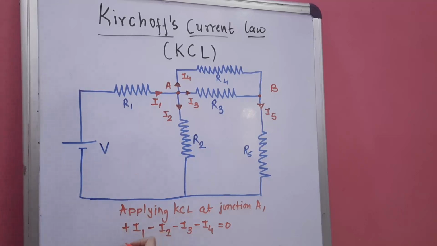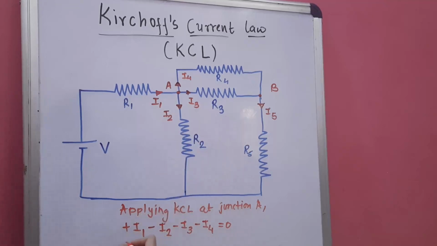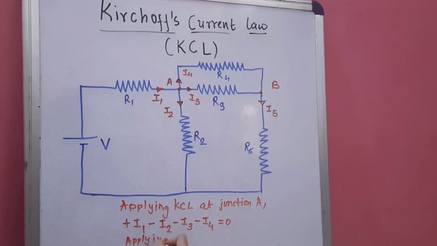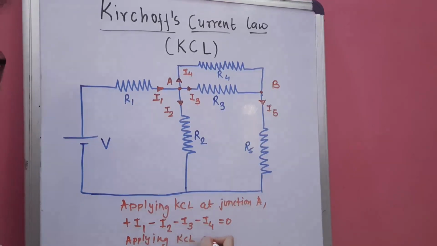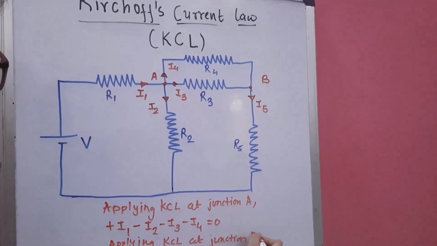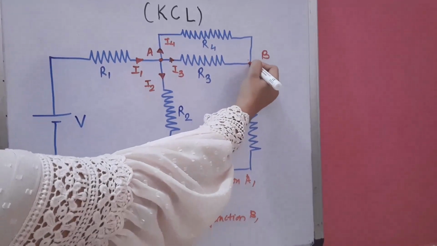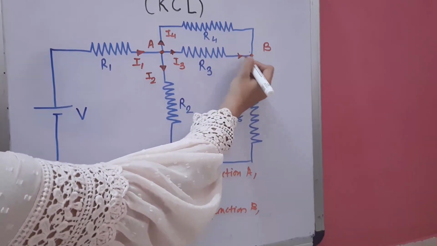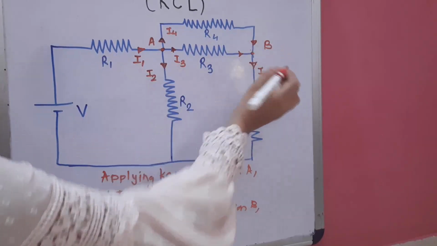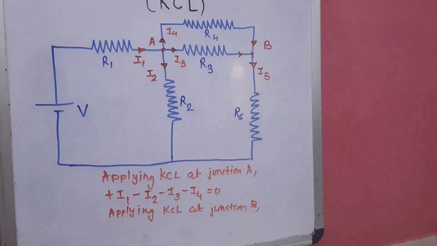Now suppose you want to write the equation for junction B. So applying KCL at junction B. At junction B, I3 is incoming current, I4 is incoming current, and I5 is outgoing current.